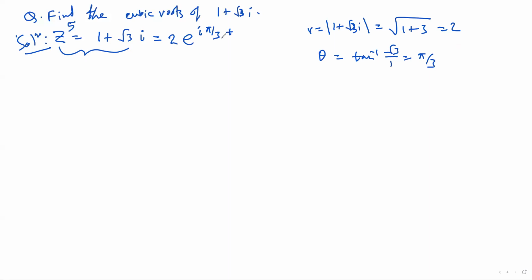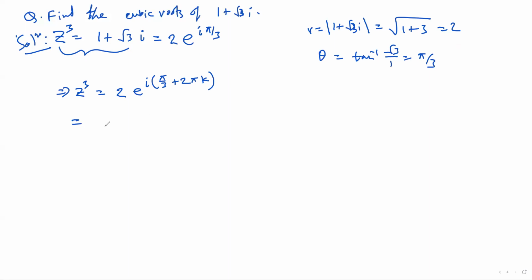Then again, we are going to express this equation like this: 2e to the power I times pi by 3 plus 2 pi k. Okay, 5 is not the one that I should write here. Rather, I should write q since I changed the question.